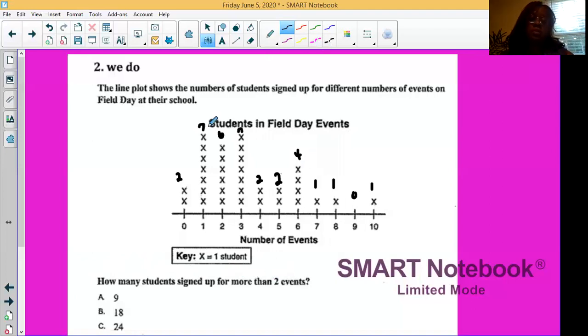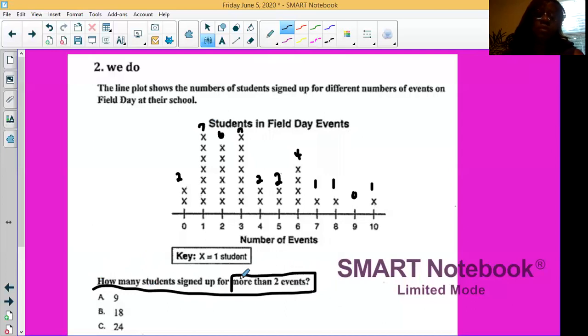Okay. So let's underline our big question. How many students signed up for, and we look for students that signed up for more than 2 events. More than 2. Okay. So remember on your number line that this is the number of events right here, 2. You're looking for more than 2.